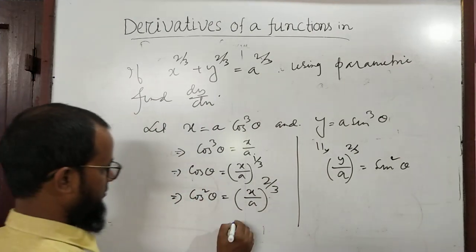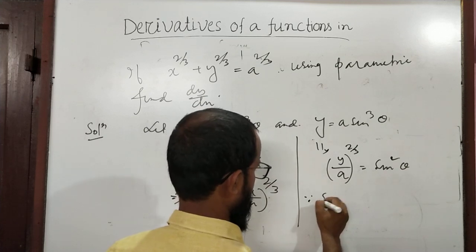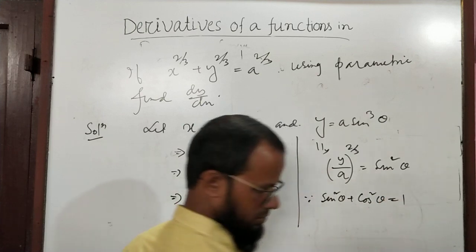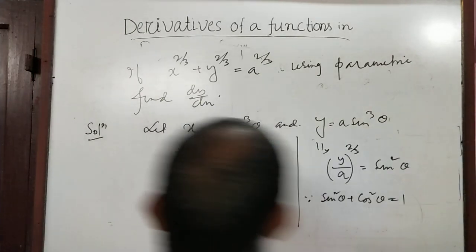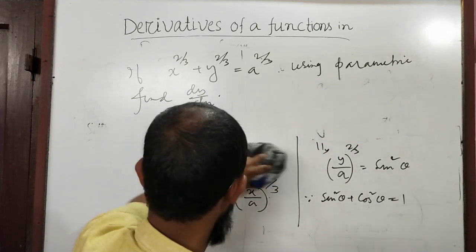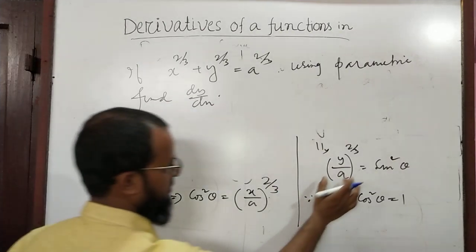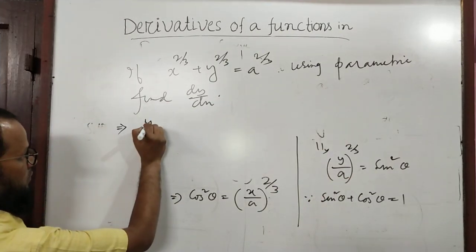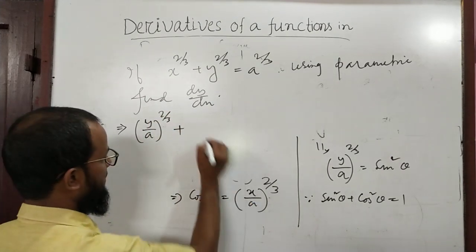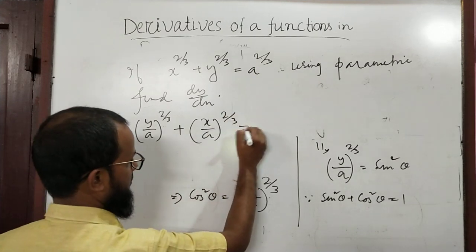If you add these equations, since sin square theta plus cos square theta is equal to 1, putting the values of sin square theta and cos square theta, you get (y/a) to the power 2/3 plus (x/a) to the power 2/3 is equal to 1.